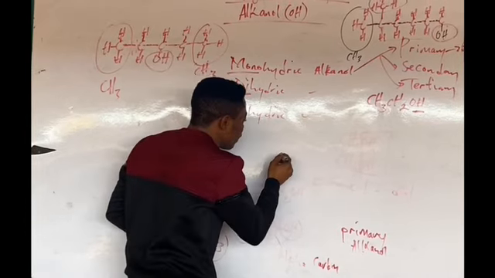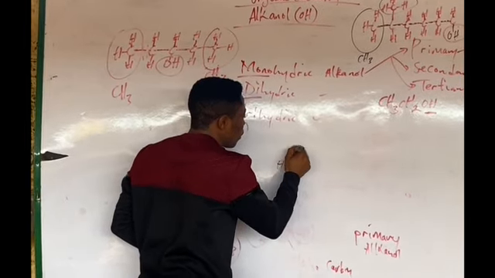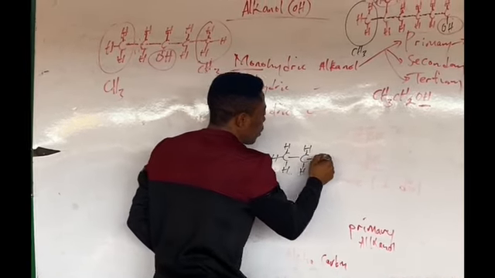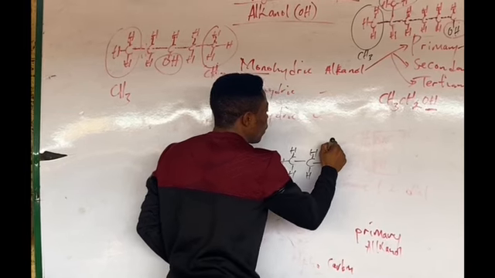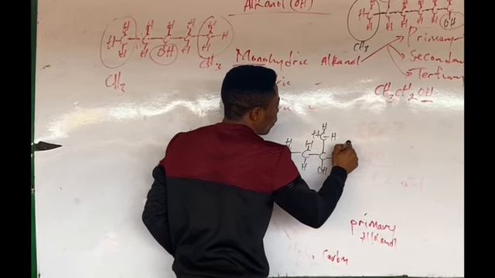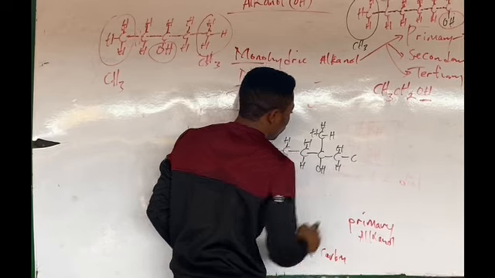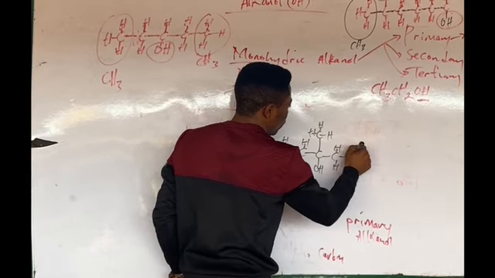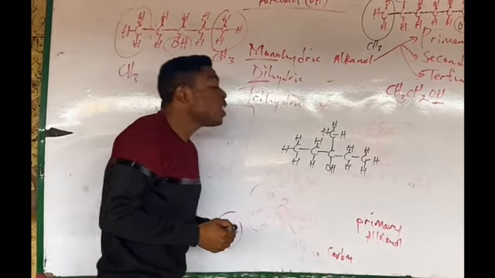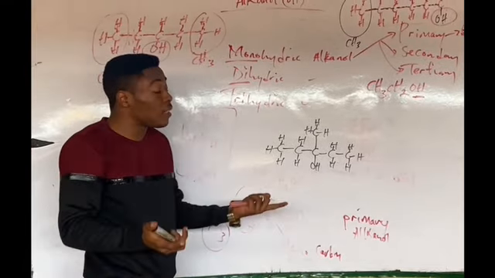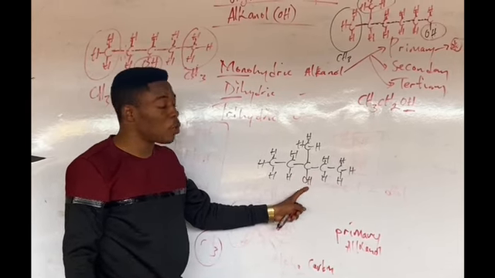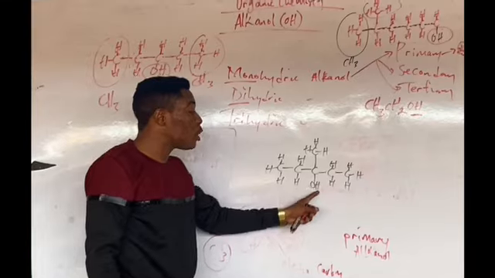Now, if we have something like this, CH3, in this instance, you can count from either side, because if you count 1, 2, 3, at carbon atom 3 you have the hydroxy group.